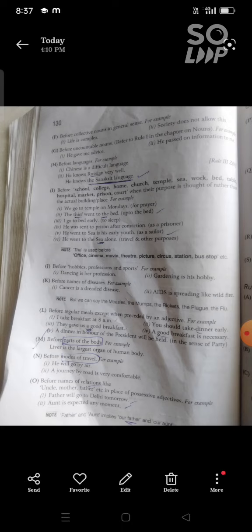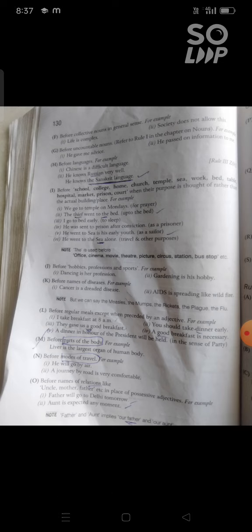For the remaining words I mentioned earlier, school, college, home, church, temple, sea, work, bed, table, hospital, market, prison, court, if it is the primary purpose, no need to use any article, but for the secondary purpose, definitely we use the article. This is one important rule.